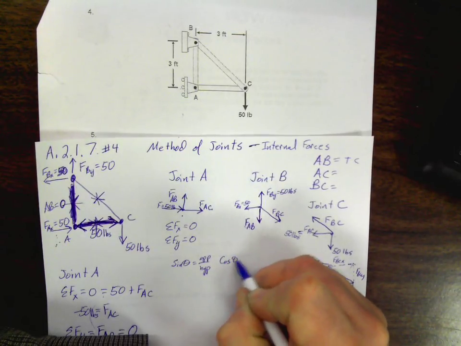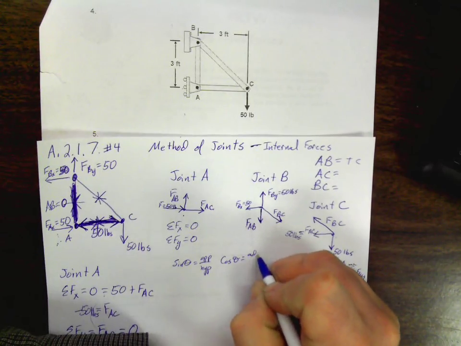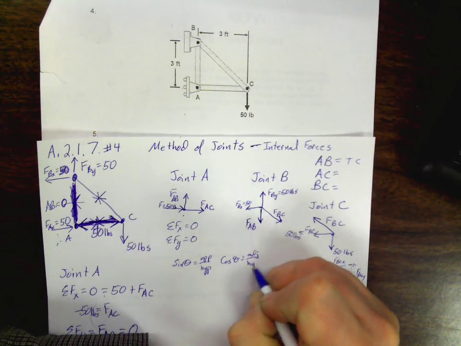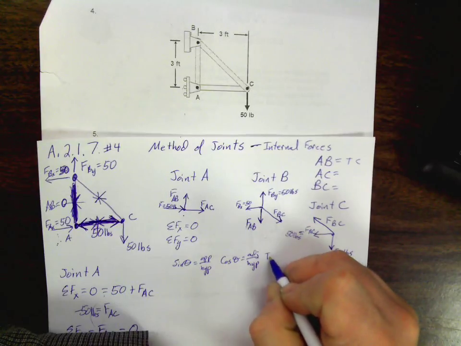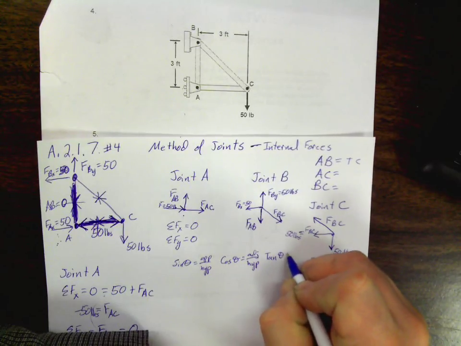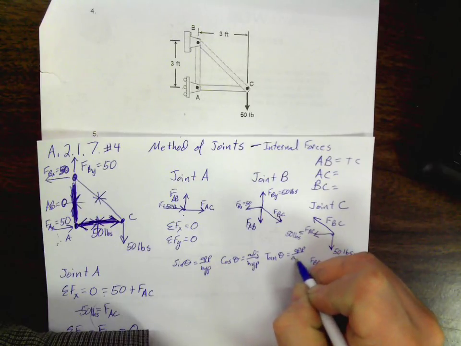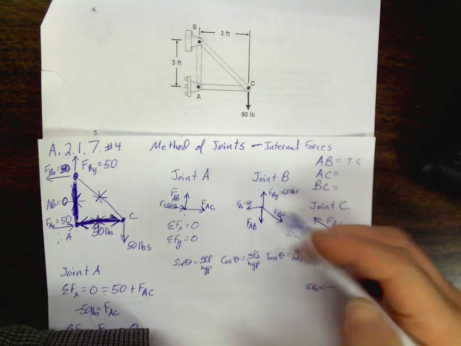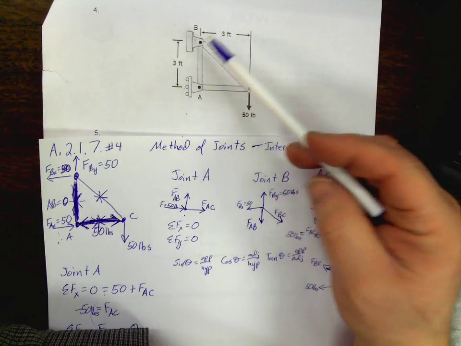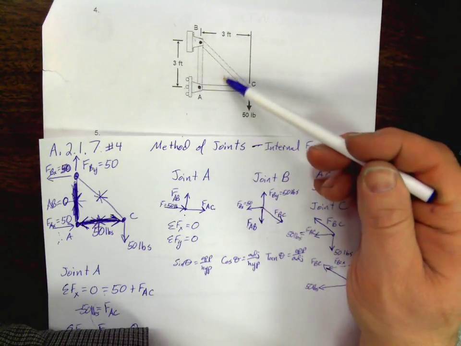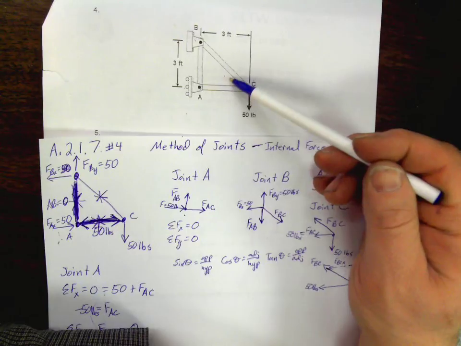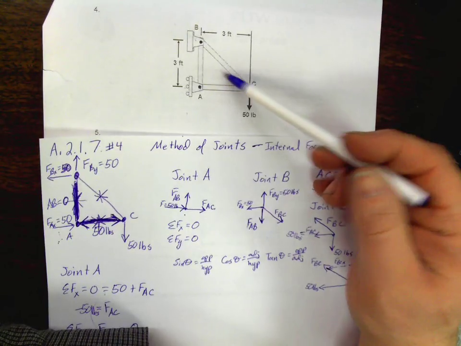We've got negative 50 pounds, and then we've got plus force of BC in the X. All right. So now again, notice if we're going this direction, we're assuming that is going negative as well.